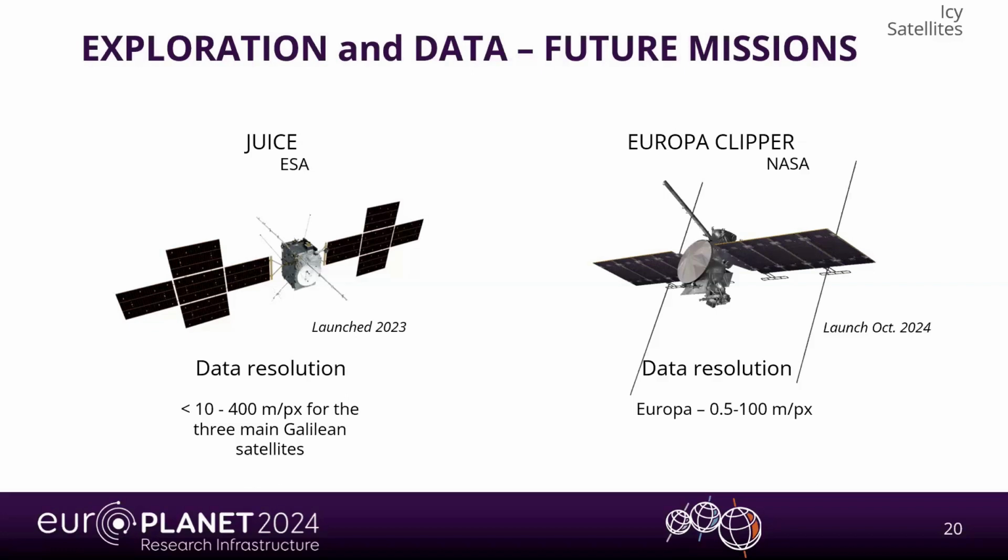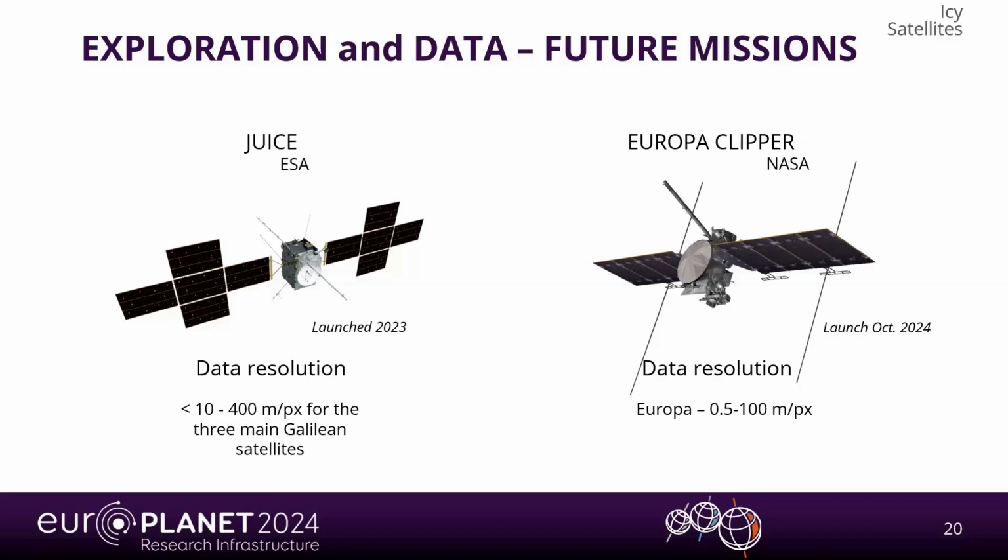And additionally, this year Europa Clipper will finally be launched too. Europa Clipper is planned to investigate mostly Europa, of course, at high resolution with global data coverage too. Both such missions will provide us data that will be used to produce new global mosaics, for instance, and we are waiting for the data and the geological implications that will be inferred.